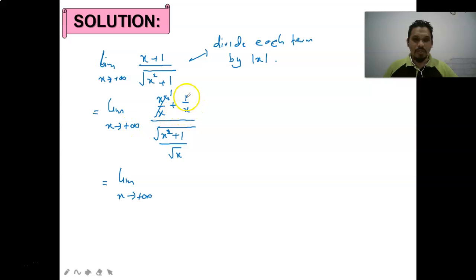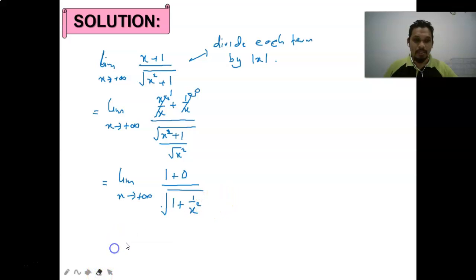X approaching to infinity, 1 over big value, come up with 0 here. And then 1 plus 0 divided by, and for this one here, square root of x squared divided by square root of x squared equal to square root of 1 plus 1 over x squared.